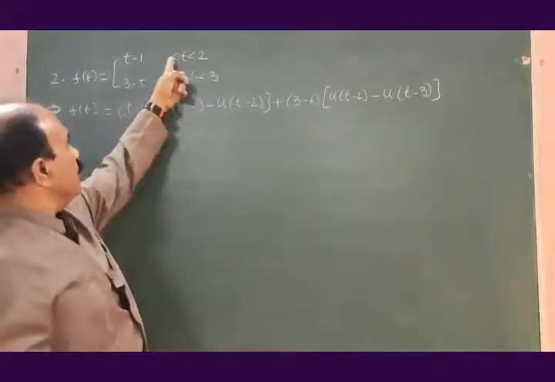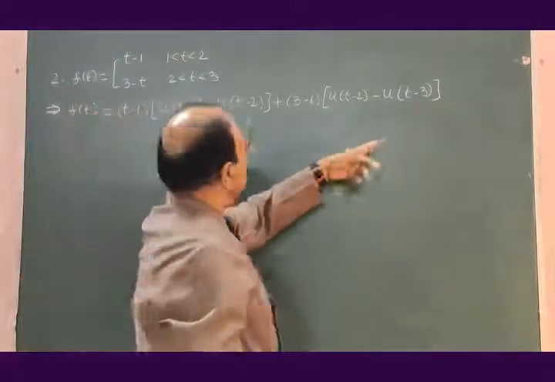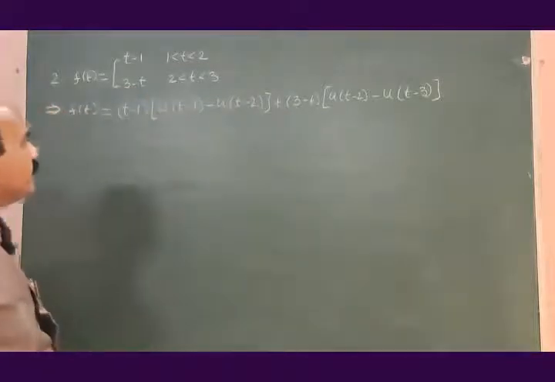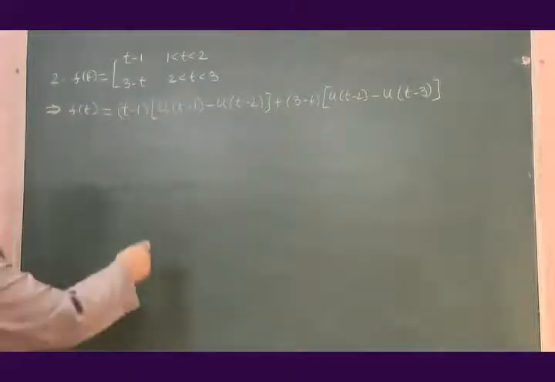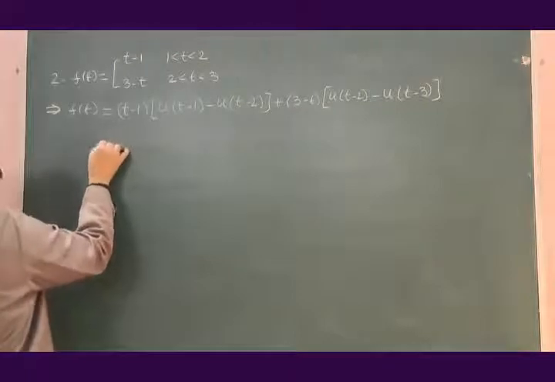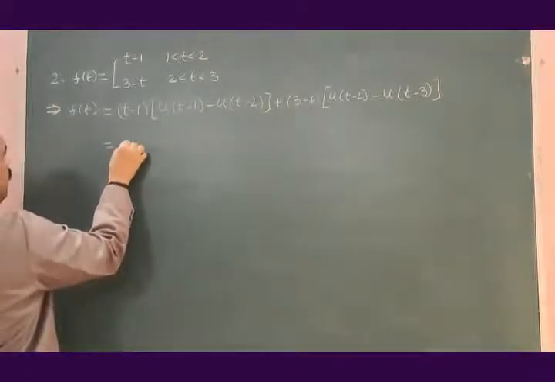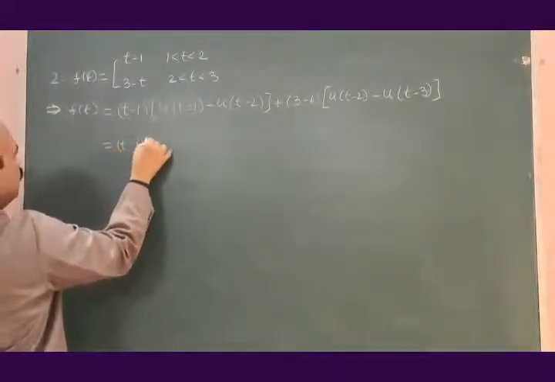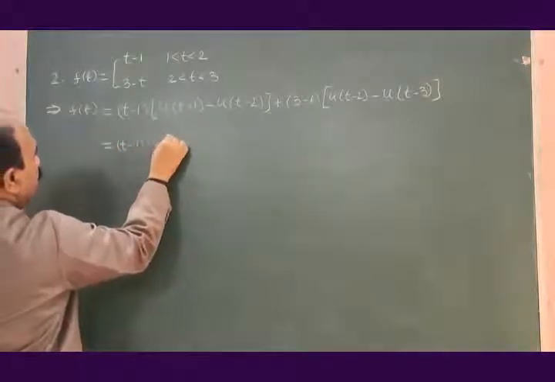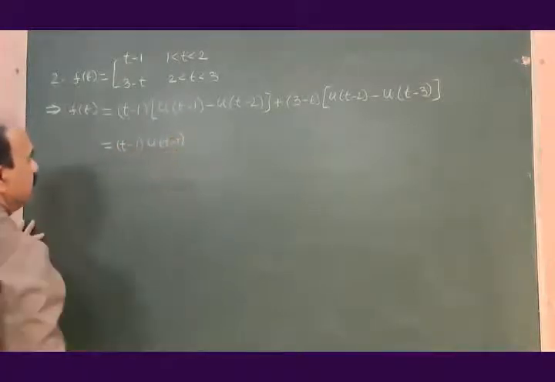This is for this one, this is for this one. This into this: t minus 1 into u of t minus 1.